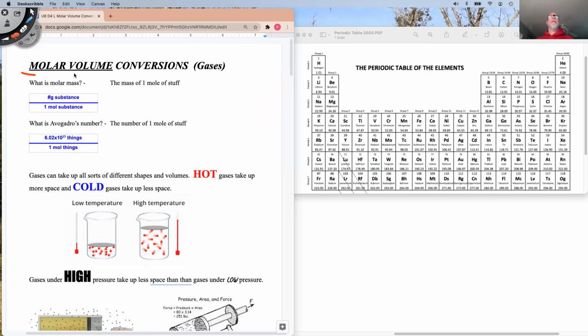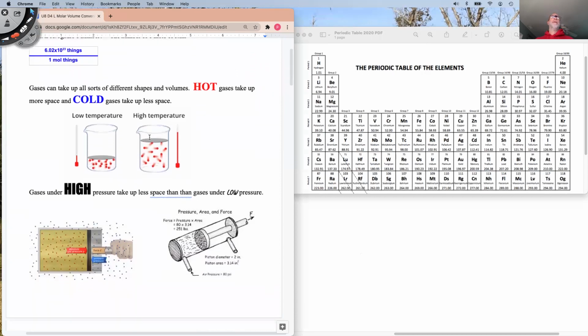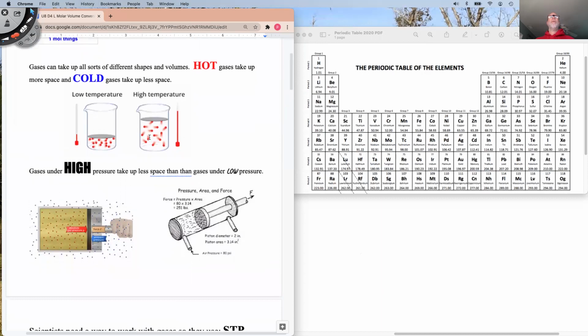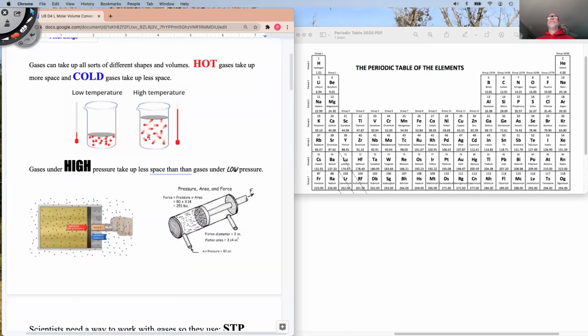So today, we're going to be talking about molar volume and then how to convert molar volume. All right, so let's take a look at what we have. Number one, gases, ladies and gentlemen, can take up all sorts of different shapes. You probably know that if you put something that's a gas, like a balloon, in the refrigerator, that balloon will shrink down in size.